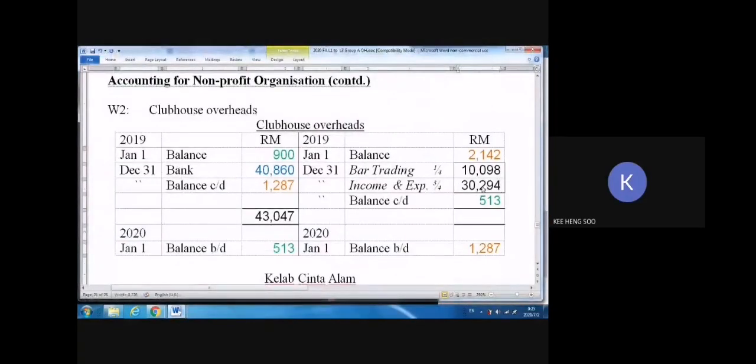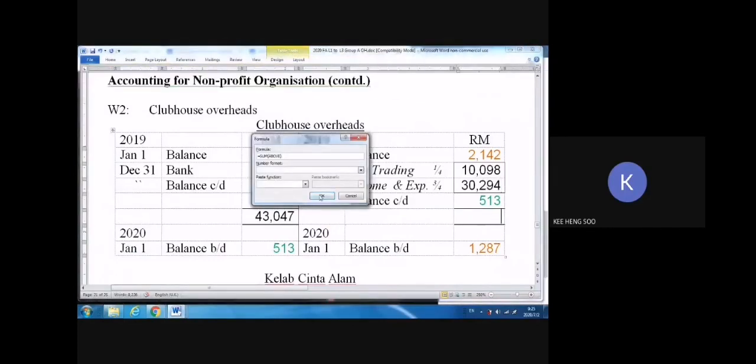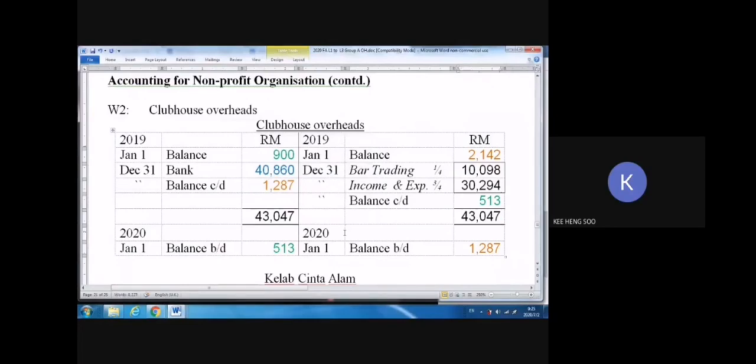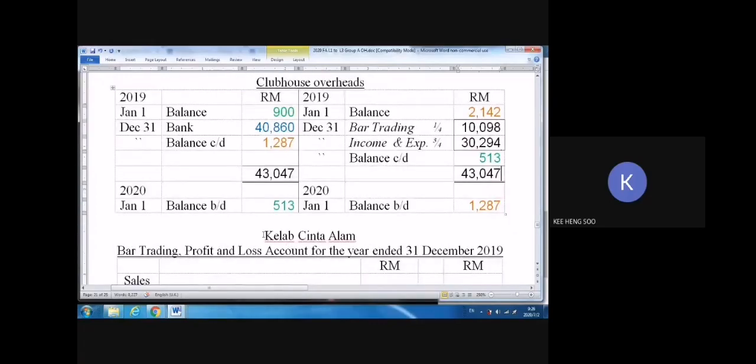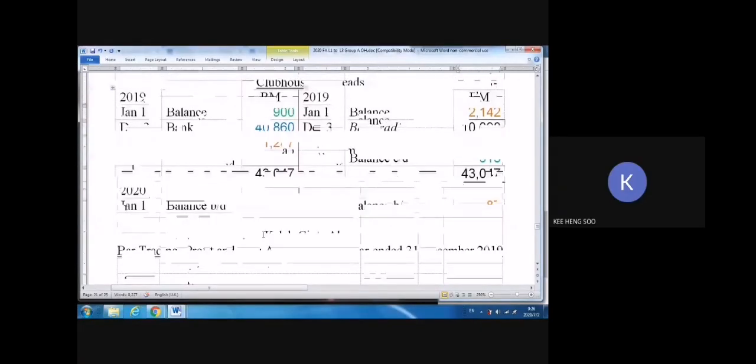So that is how you split the figures. And then now the next one.